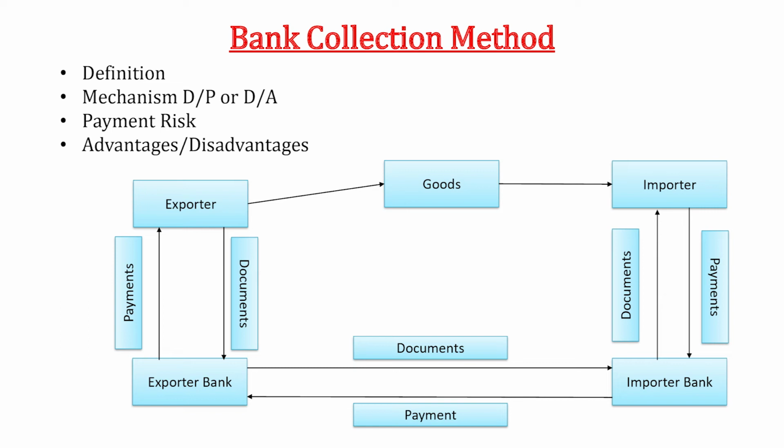It is better not to give this facility to new buyers in foreign countries. And if the banker collection method has to be used by the exporter, DP term, documents against payment, will be comparatively safer than DA, because in this case he has control on the goods.